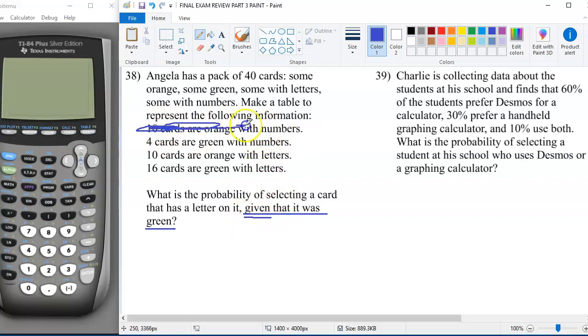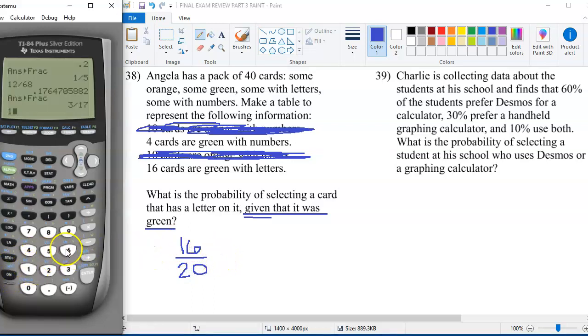So we know our card is green. So I'm only going to focus on the green ones. Out of the green ones, there are 20. Of those 20, 16 have letters on them. So 16 out of the 20. You could call it 0.8.